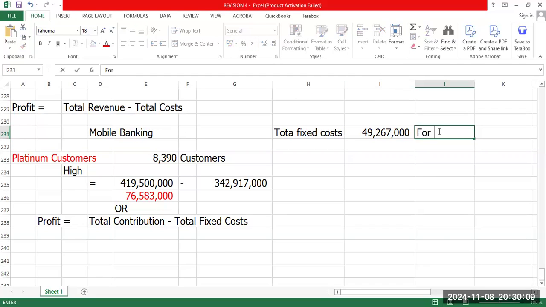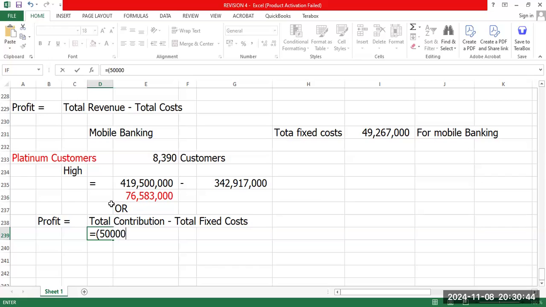That is my fixed costs for platinum, for mobile banking. Now, remember to get total contribution, you get total selling price minus total variable cost. So I will just be getting my revenue, which is 50.